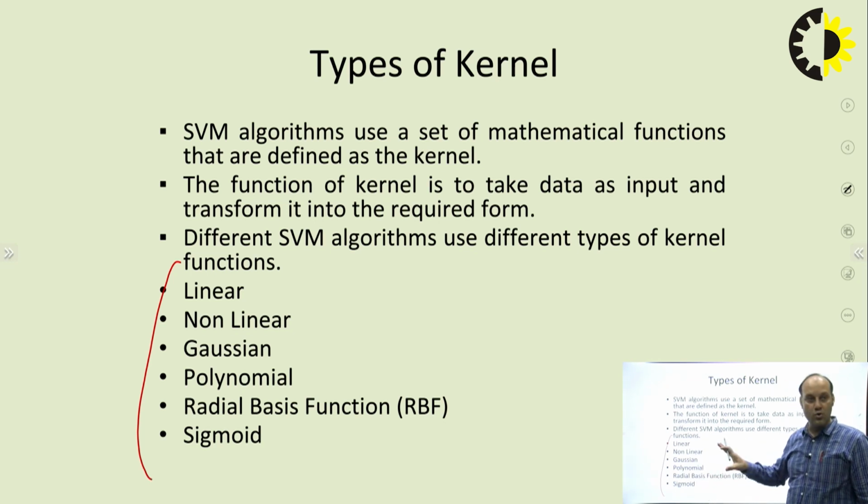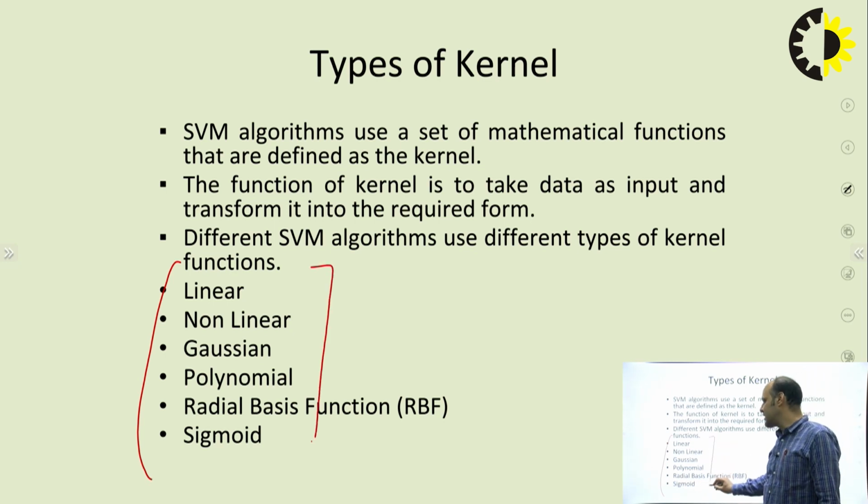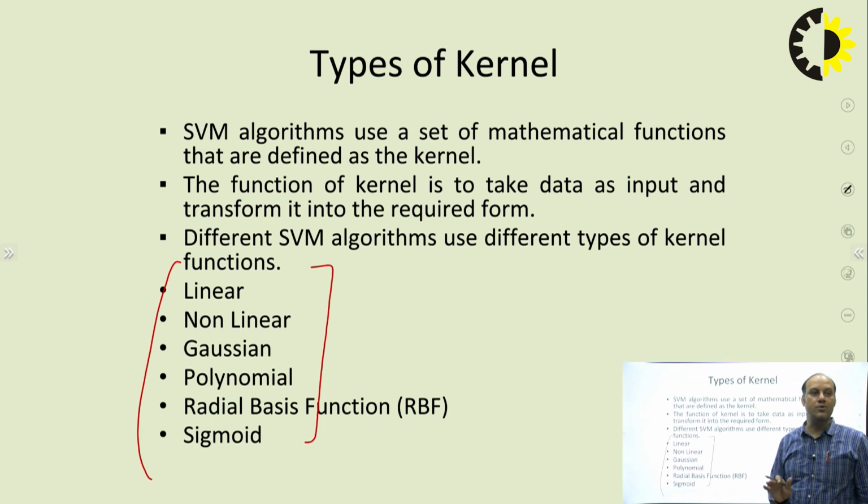What are those functions? Mathematical functions. So definitely these functions are going to give us some mathematical equation. On the basis of that equation, we are going to calculate the value.